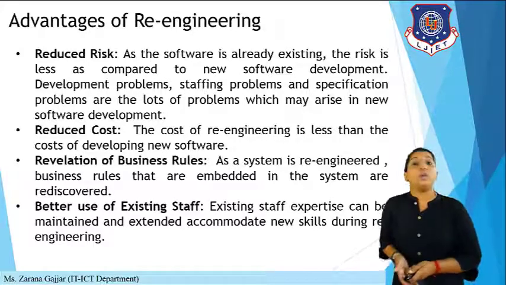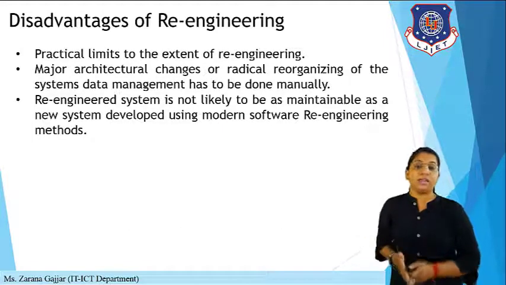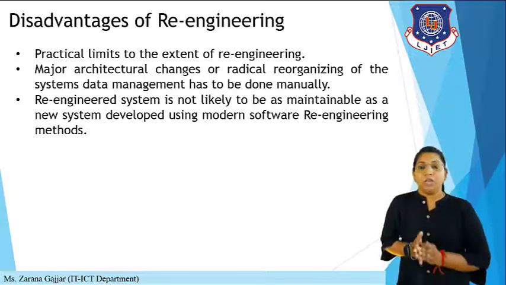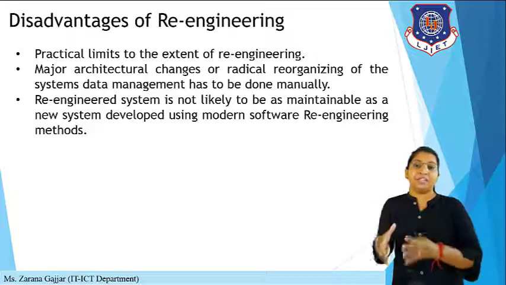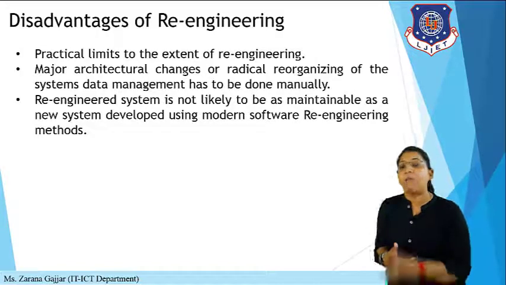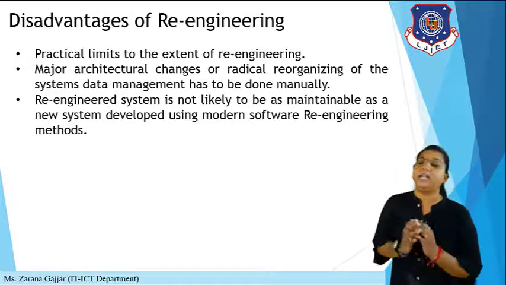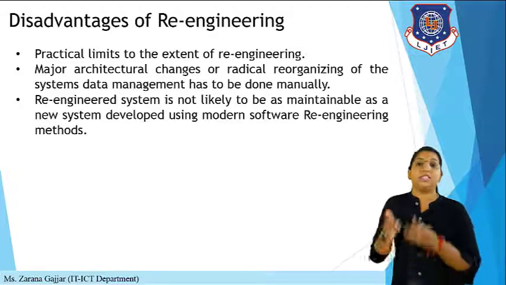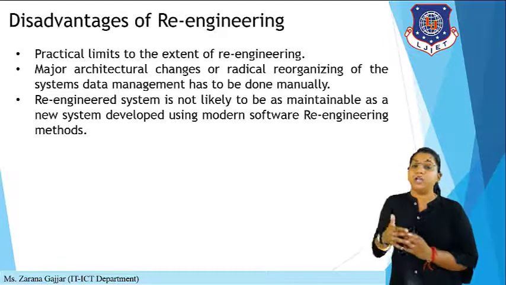Now it also has some disadvantages. So what are the disadvantages? The first disadvantage is practical limits to the extent of re-engineering. Sometimes the re-engineering process is not that helpful for each and every software product, so some practical implementation may not be possible. Then major architecture changes or reorganization of the system data management has to be done manually.